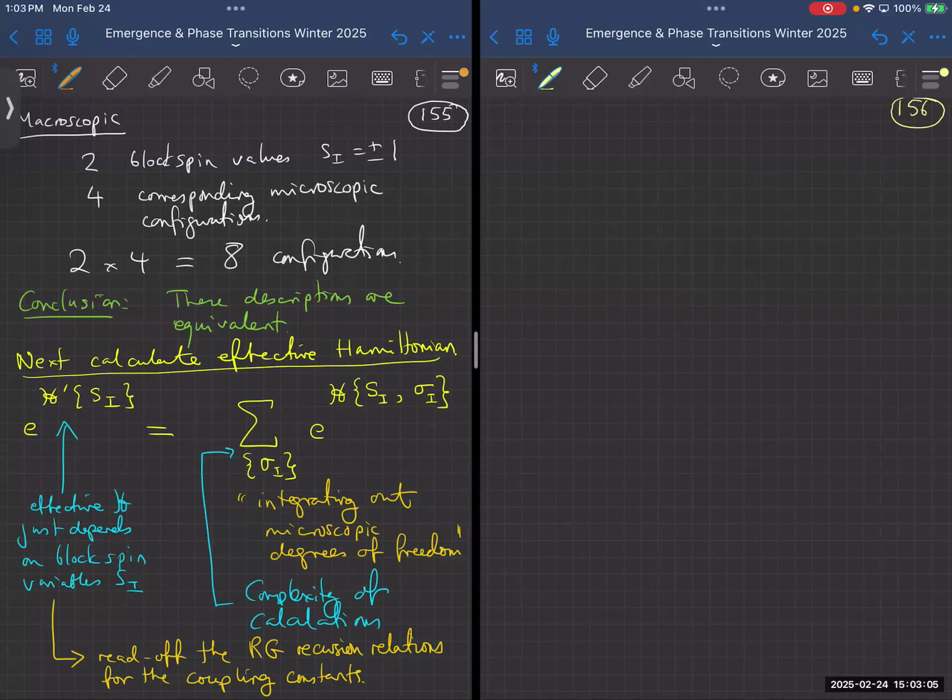So the way we're going to do this is a kind of perturbation theory. And that type of perturbation theory is actually a cumulant expansion. Well, if you don't know what that is, I will explain it in a minute.